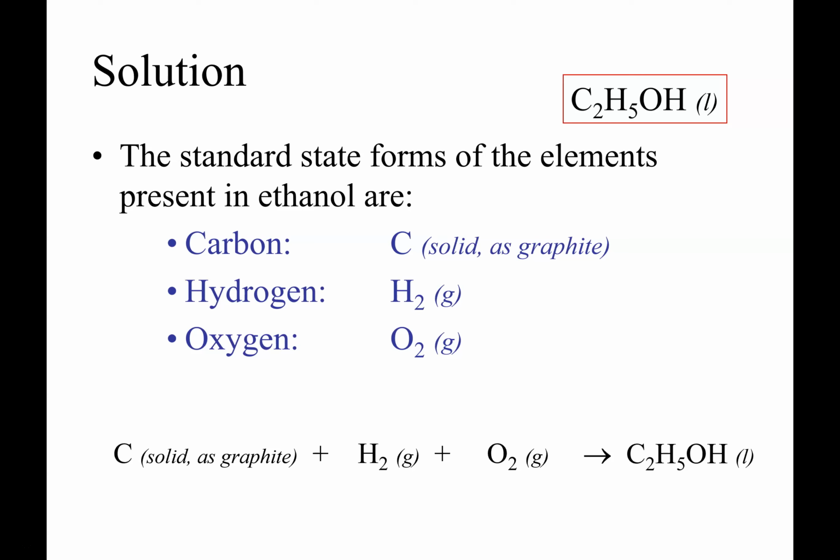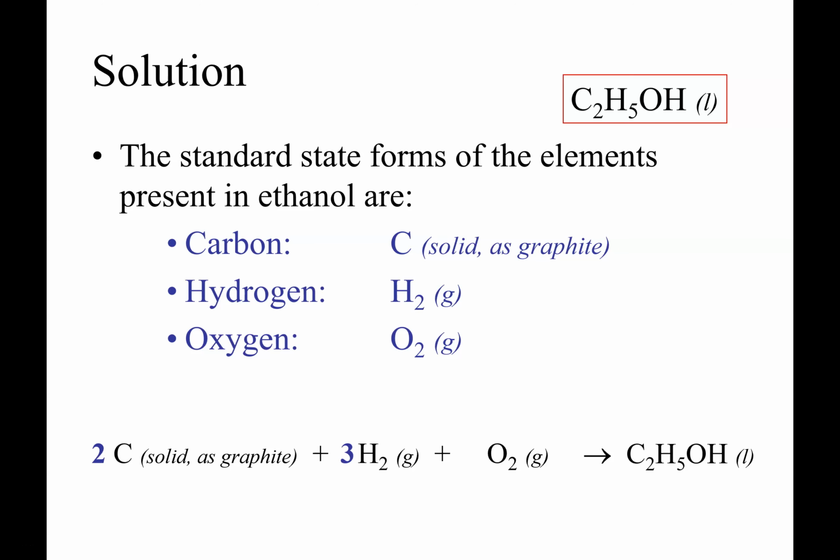So we got to balance it. What coefficient will go in front of the carbon? 2, right? We need 2 carbons. What coefficient will go in front of the H2? 3. Just 3, yeah. 3 will give me 6.